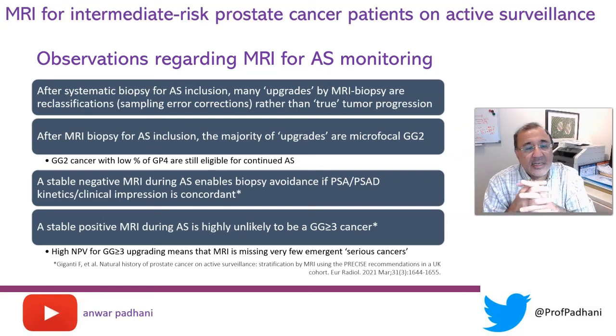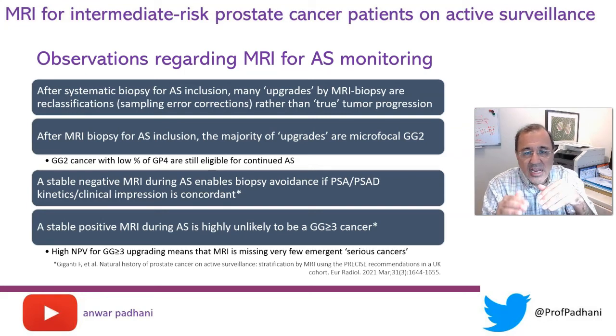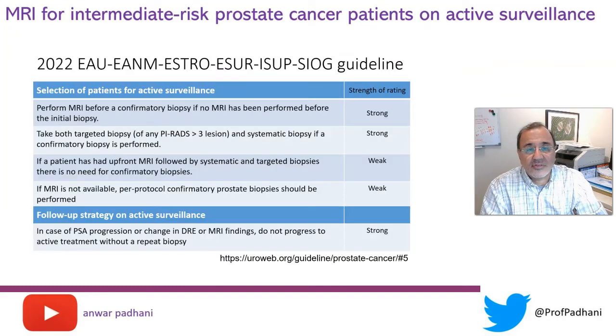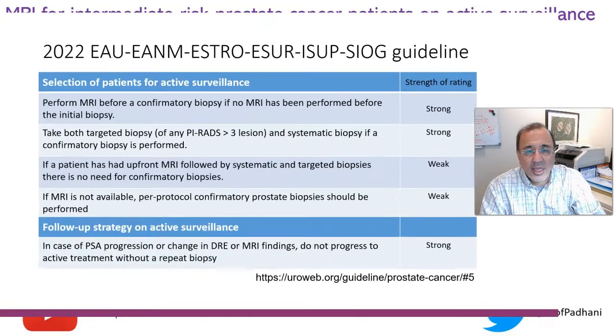But what we can say is that it's highly unlikely to be a grade group 3 or above. In other words, we are missing very few emergent serious cancers. So that's the reason why the EAU guidelines, in fact, endorse the use of MRI for active surveillance. In fact, you can see a number of recommendations in the latest guidelines of the EAU.